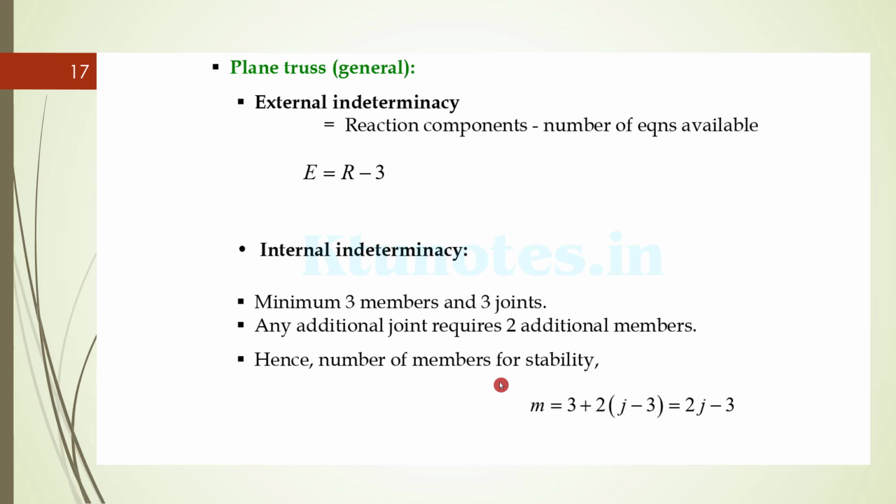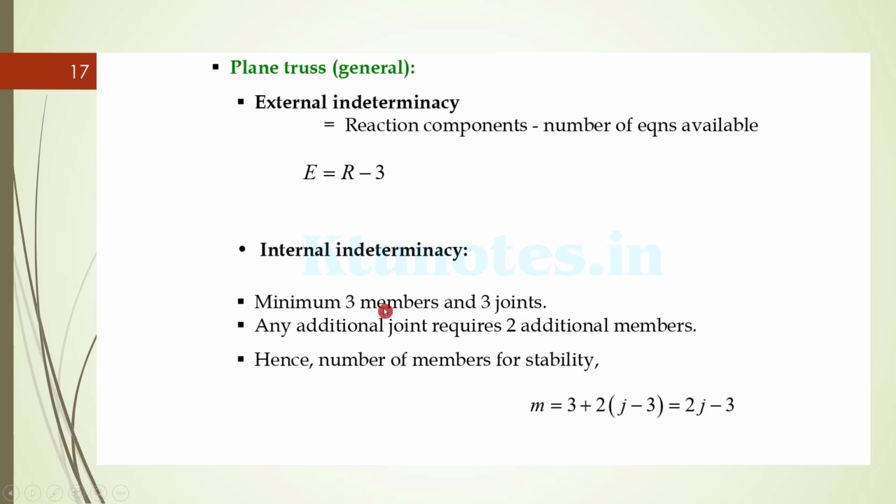Then for the case of plane truss, generally the external indeterminacy is equal to r minus 3, which is the same as for the plane frame, and the internal indeterminacy is found by m equal to 2j minus 3. Here minimum 3 members and 3 joints are required for making a truss.